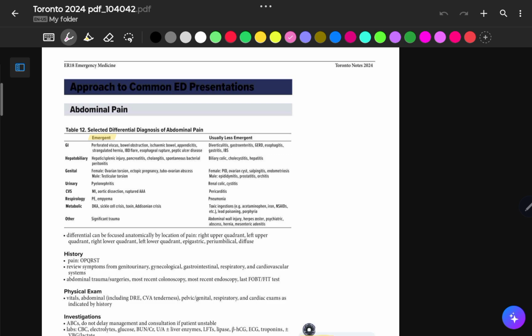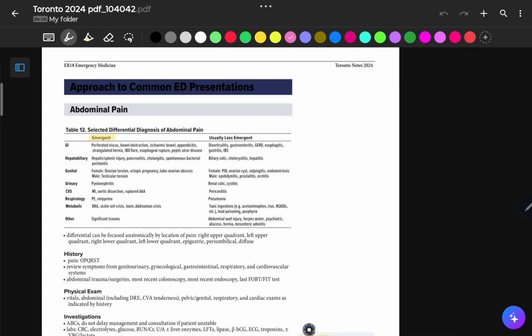These are all your differential diagnoses. When we're looking at hepatobiliary, we could have hepatic or splenic injury, pancreatitis, cholangitis, spontaneous bacterial peritonitis. In females, it could be ovarian torsion, ectopic pregnancy, tubo-ovarian abscess. In males, it can be testicular torsion.